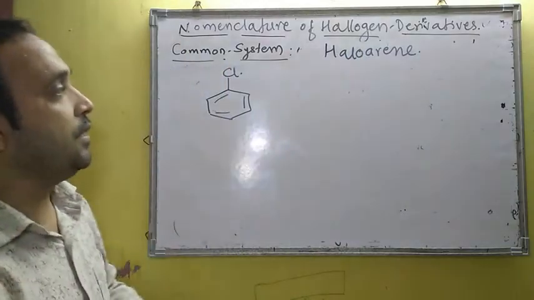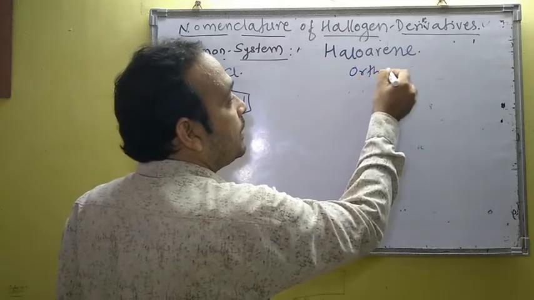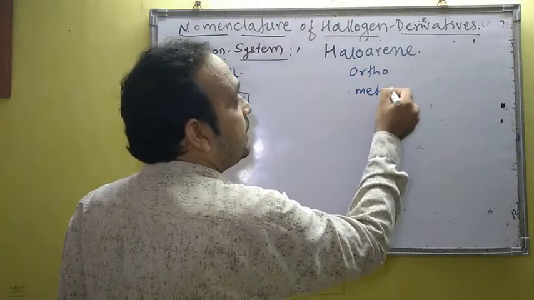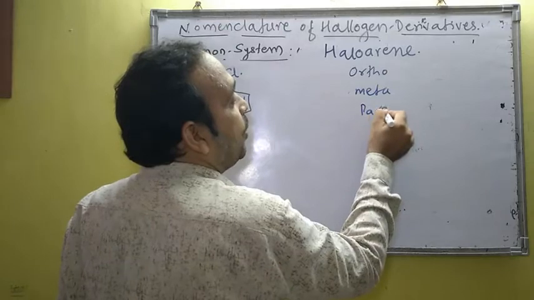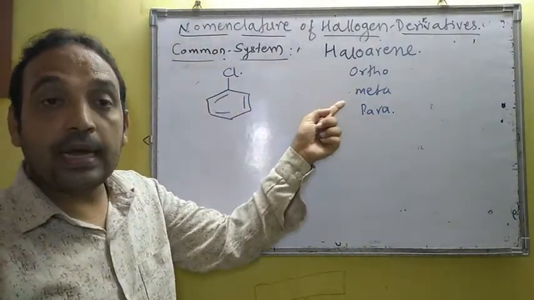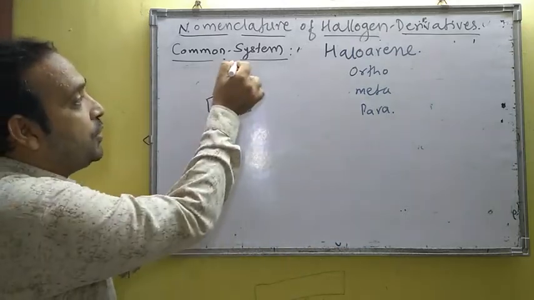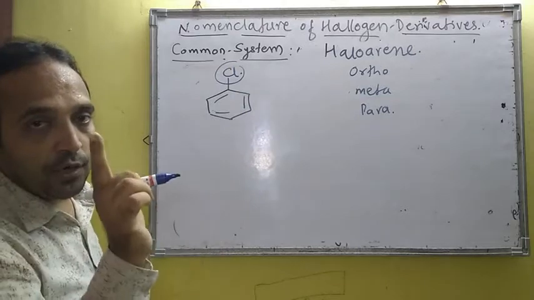In the common system, the prefixes used are ortho, meta, and para for disubstituted compounds. Now this is monosubstituted because one halogen functional group is attached.